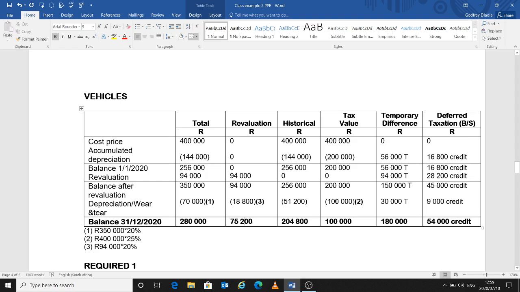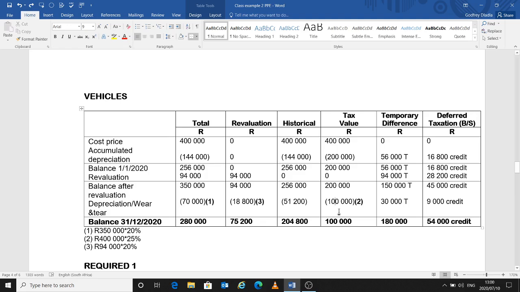Then there's tax value. Tax value, you'll see that if it's 25%, it's 4 years, so it's 100,000 per year. For 2 years is that 200,000, leaving us with a tax value of 200. And then for this year, it's the 100,000, which is written as number 2.